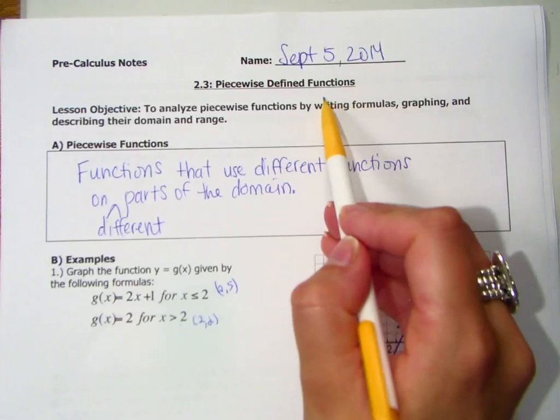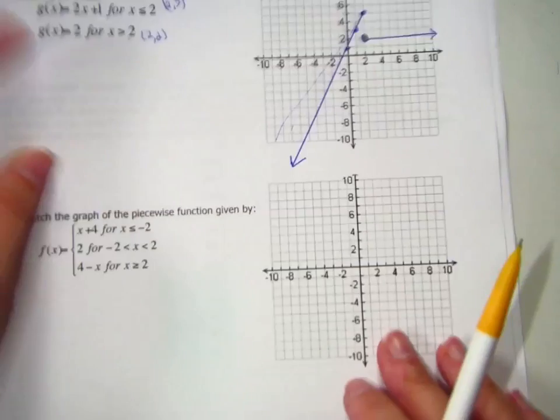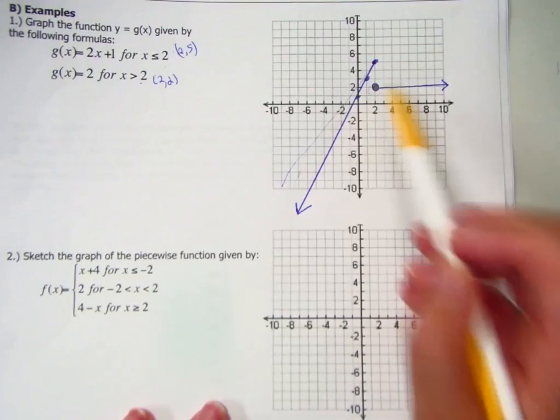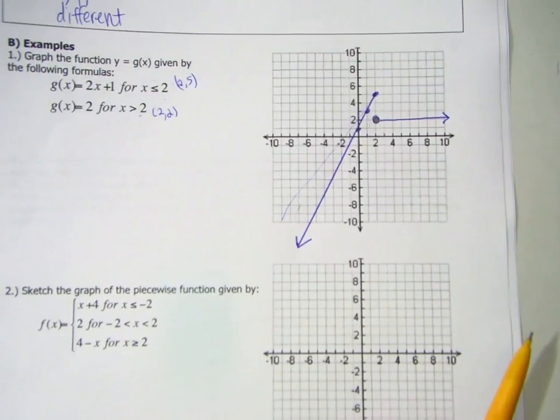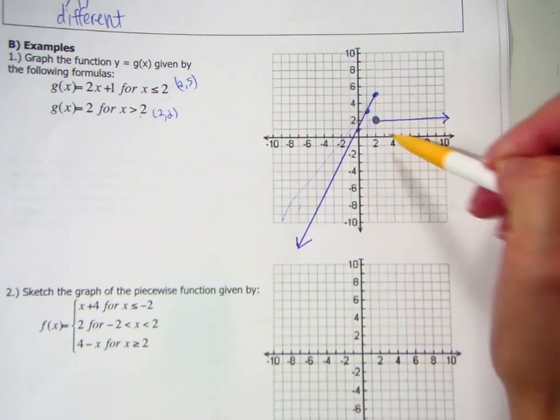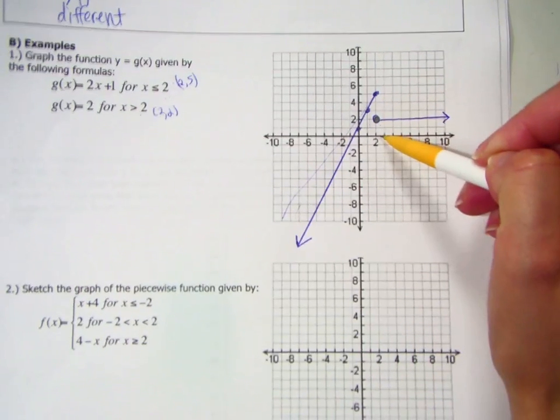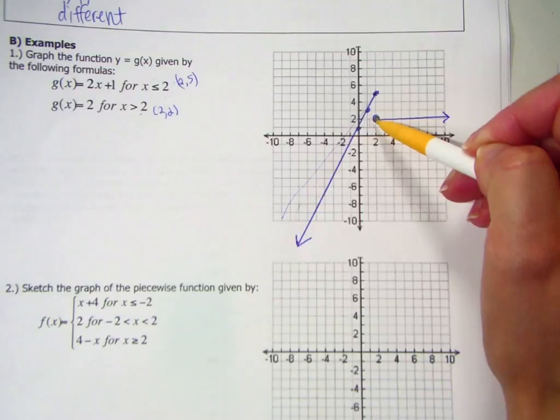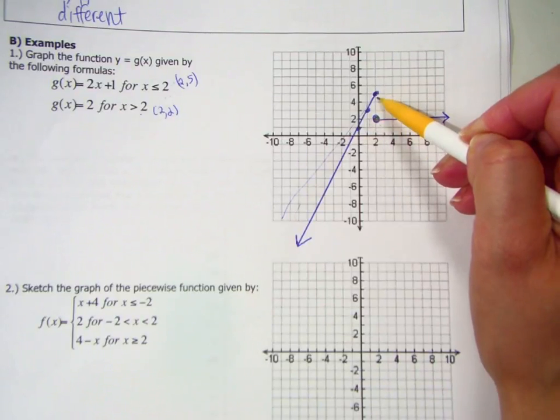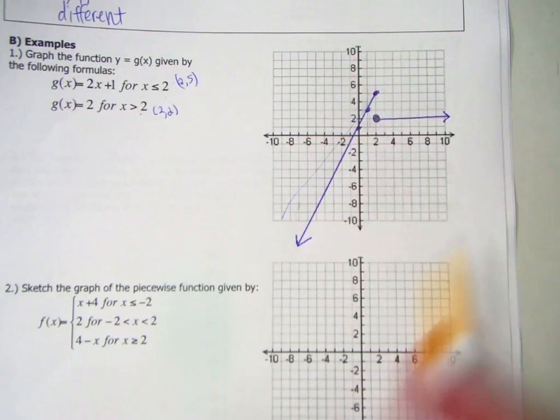These are piecewise functions, so if I accidentally fill that in, what's my issue? It's not a function anymore, because that means when x is 2, my y values are 2 and 5. So just really watch that you're not making careless mistakes.